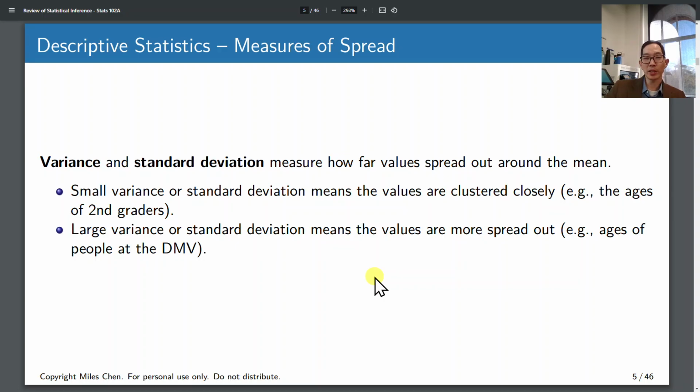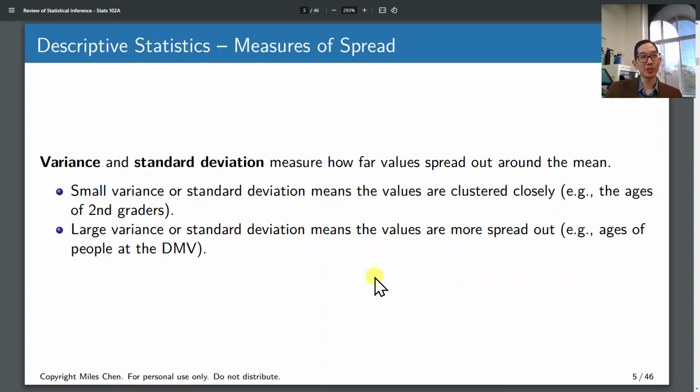But if you have a small variance, small standard deviation, that means the values are pretty close to the mean, not a lot of spread. You can think of the ages of students in a second grade classroom. If you pick one grade in elementary school, what are the ages? Pretty much everyone's the same age, right?